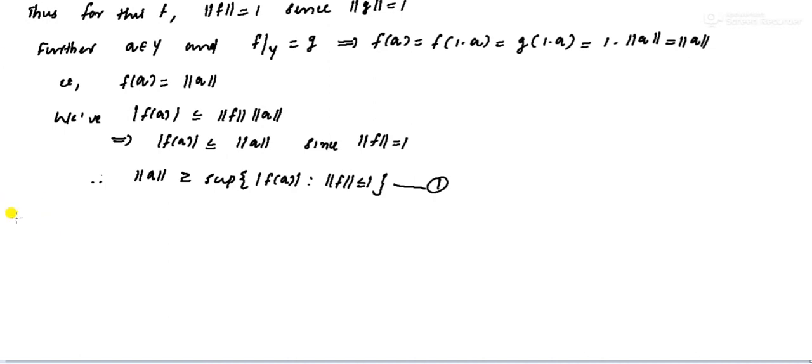On the other hand, we have f of a equal to norm a. Therefore, mod f of a equal to norm a.